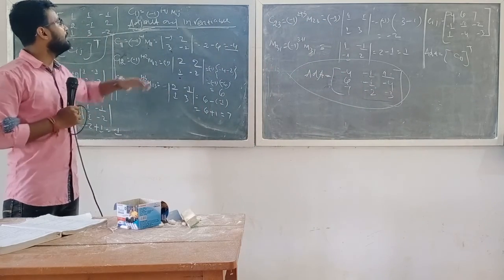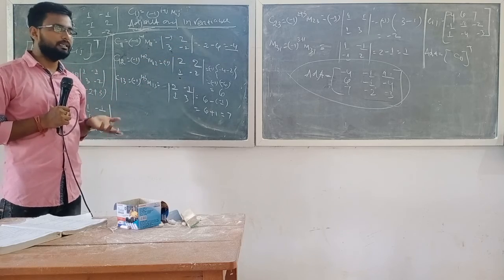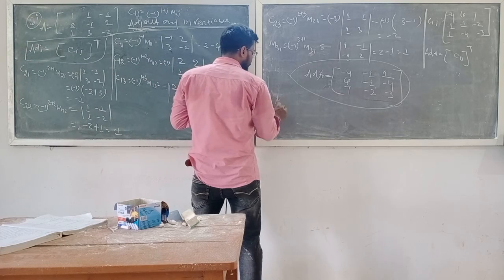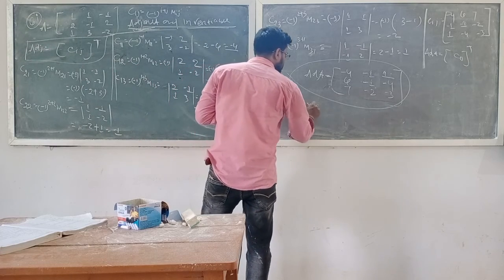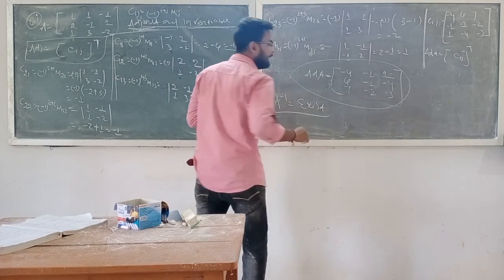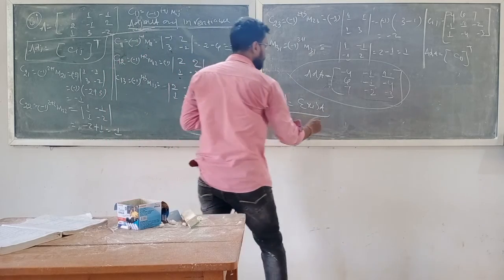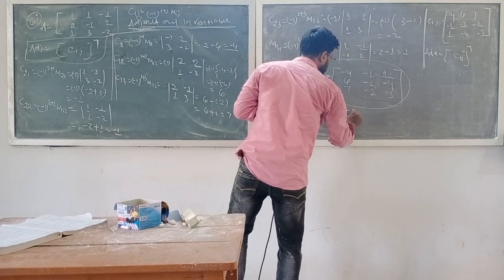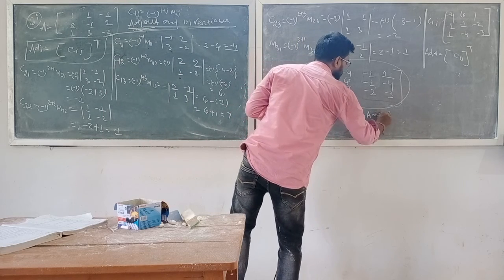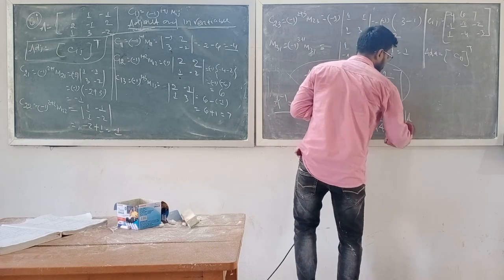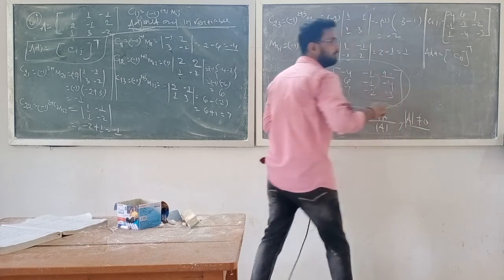Then on which is invertible. Invertible means that A inverse exists. That means A inverse is equal to adjoint of A by determinant of A. And the condition will be determinant of A not equal to 0.